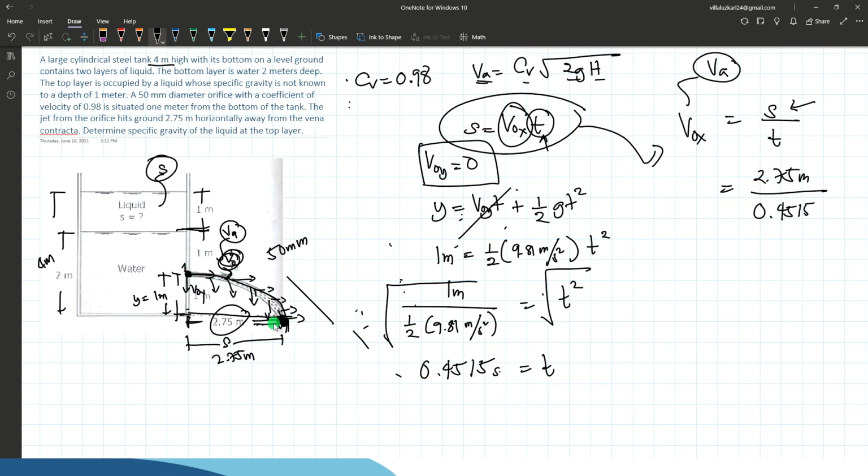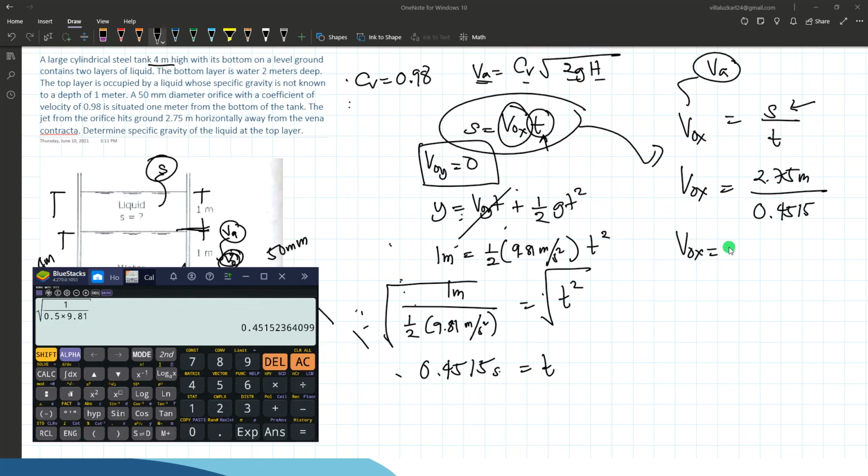It is the same time for the horizontal distance as that used with the vertical equivalent of the velocity. So going back here, v_ox equals 2.75 over 0.4515.